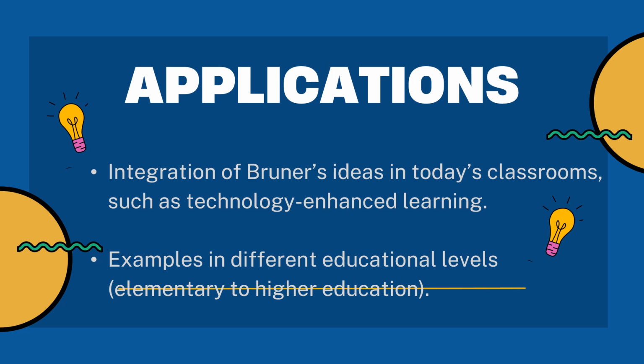Examples in different educational levels. In elementary school, Bruner's enactive learning is supported by technology tools such as educational games and interactive touchscreens. In middle schools, technology enables collaborative learning through platforms like Google Classroom and Kahoot.